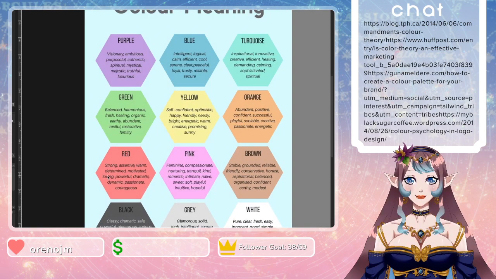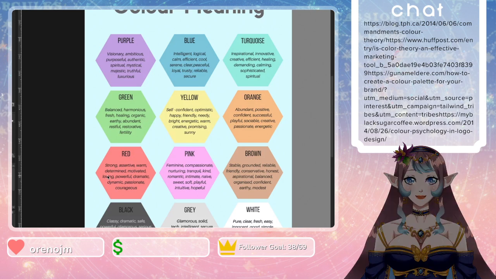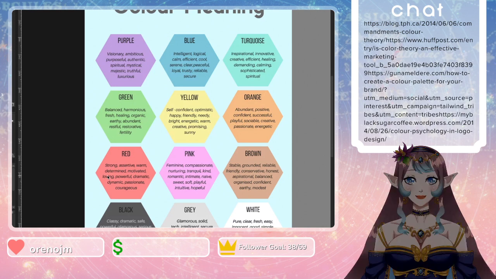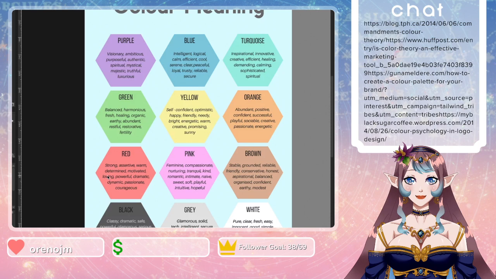Green is balanced, harmonious, fresh, healing, organic, earthy, abundant, restorative. It represents fertility too, because nature is life, and something that represents life is fertility. Yellow: self-confident, optimistic, happy, friendly, bright, energetic, warm, creative, promising, sunny.